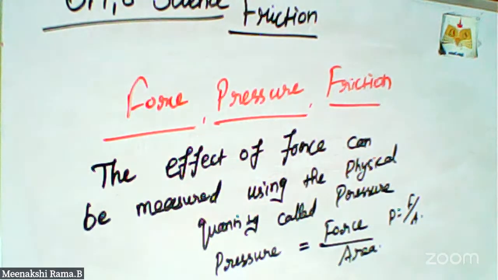So pressure, the effect of force that can be measured using the physical quantity, is defined as the amount of force acting perpendicular on a surface of an area. So the formula of pressure is force by area, that is P equal to F by A. Next one is friction.